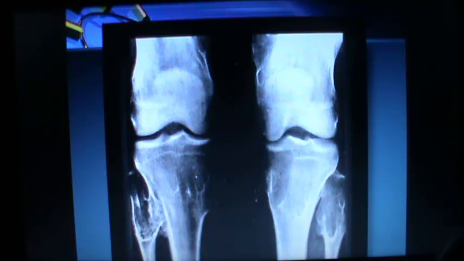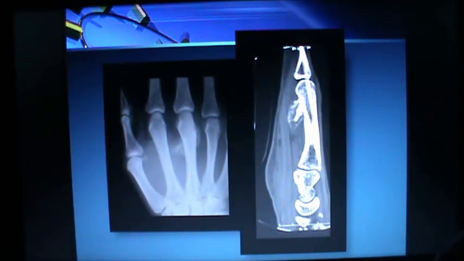The problem in this type of tumor is the deformity, the skin bulges, and the stretch on nerves and vessels. And of course, on top of the list is the sarcomatous change.